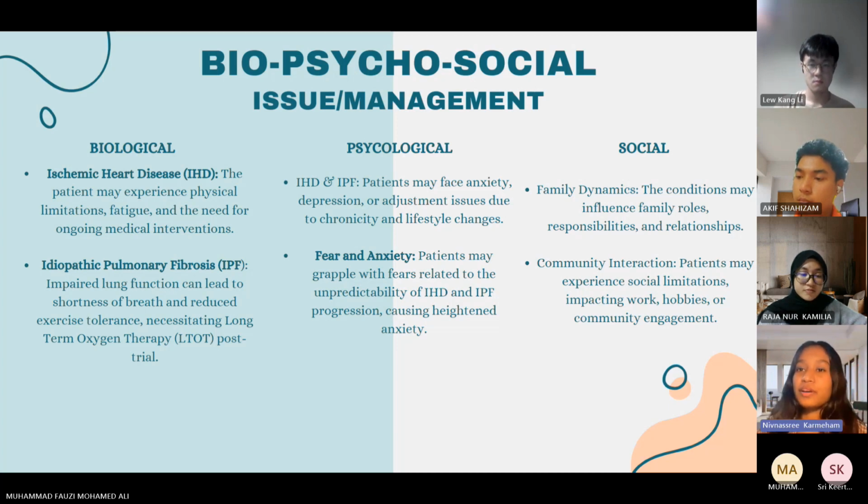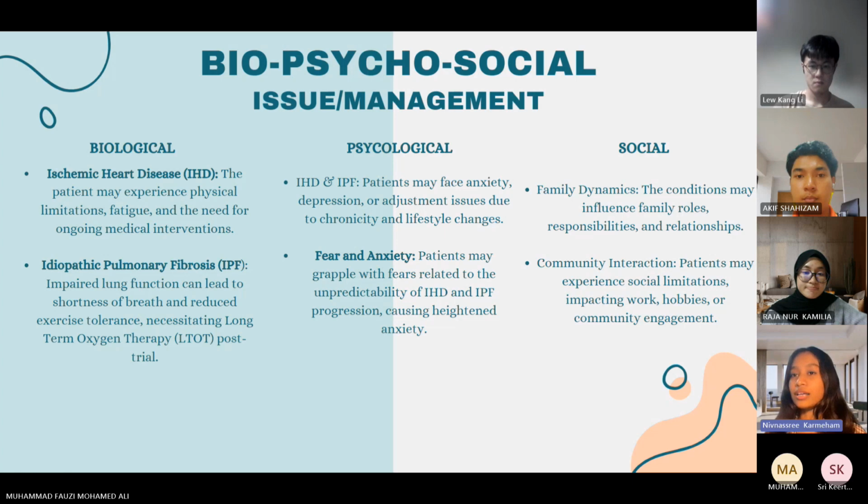Next is idiopathic pulmonary fibrosis. The patient has impaired lung function, which can lead to SOB and reduced exercise tolerance, which leads to his dependency on long-term oxygen therapy.